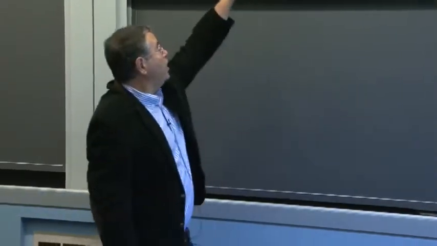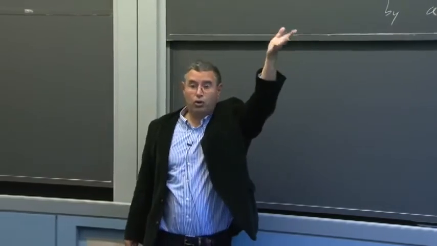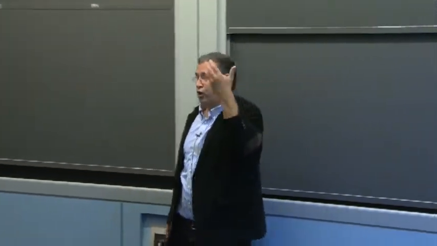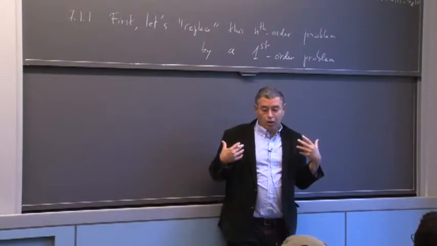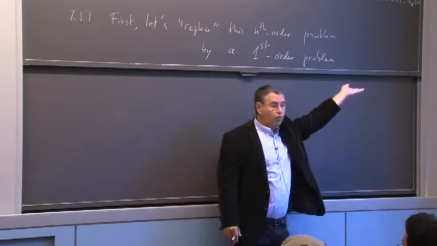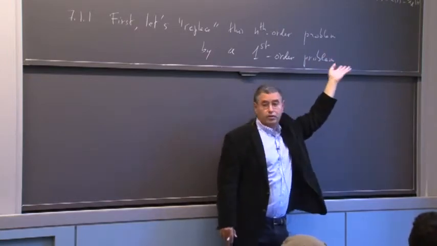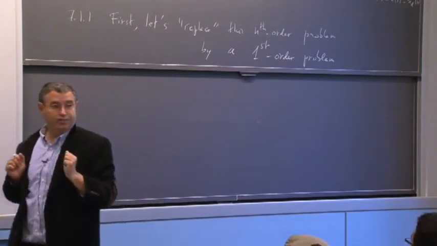In other words, here I have to differentiate small x n times to find the control u. I'd like to create a variable such that I have to differentiate it only once to find the control u. Right. And two, I would like, of course, that controlling this variable solves the original problem of controlling x to track the trajectory xd of t. All right?